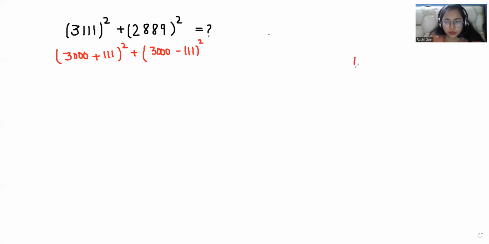Now we know the rule that (a plus b) whole square is a square plus 2ab plus b square. Similarly, (a minus b) whole square is a square minus 2ab plus b square.